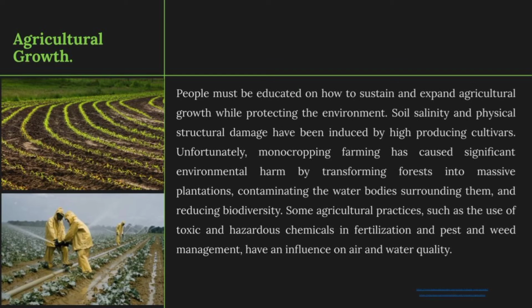Unfortunately, monocropping farming has caused significant environmental harm by transforming forests into massive plantations, contaminating the water bodies surrounding them, and reducing biodiversity. Some agricultural practices, such as the use of toxic and hazardous chemicals in fertilization and weed management, have an influence on air and water quality.